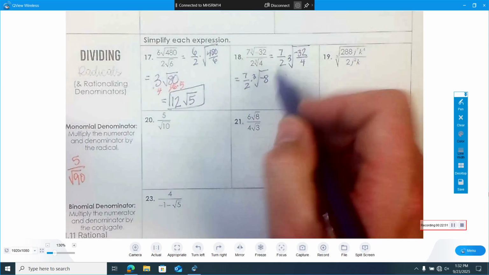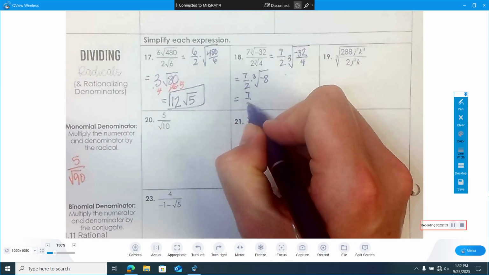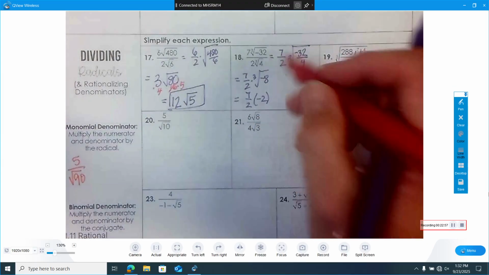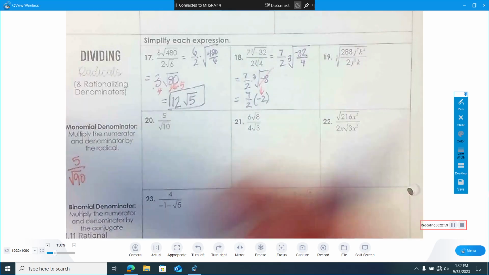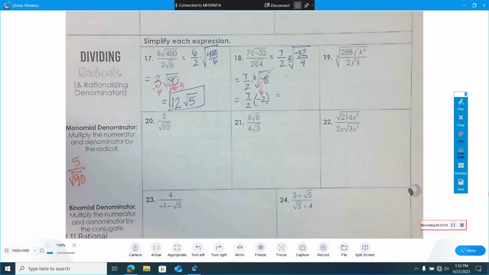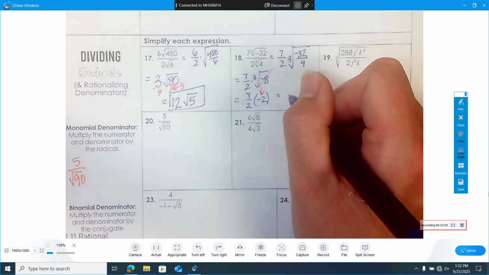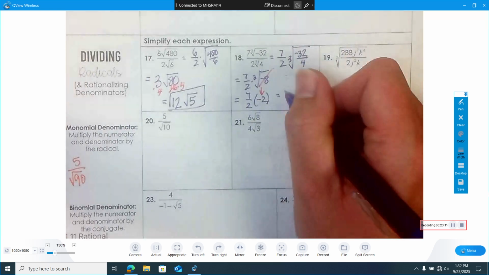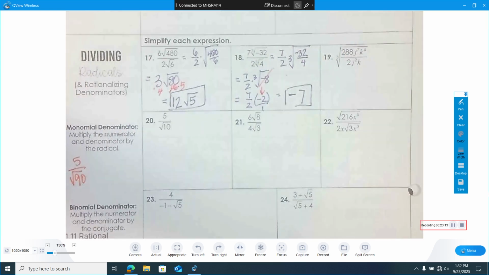And what is the cube root of negative 8? Negative 2. Very good. So that comes out as a negative 2. And what is 7 halves times negative 2? Negative 14 halves, which is negative 7. Yep, you can think about that as 2 over 1. Those 2's would reduce, top and bottom.